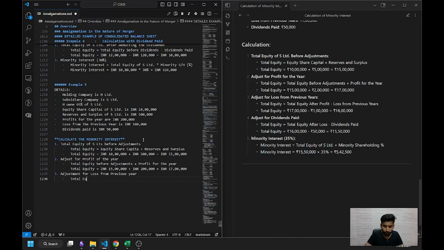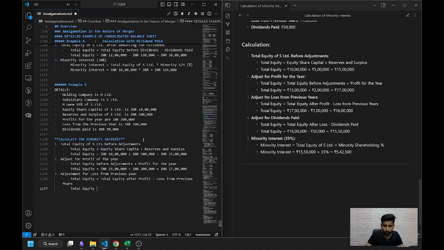Here the total equity is equal to total equity after profit minus loss from the previous year.